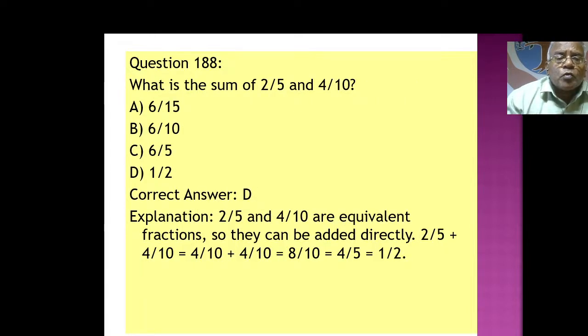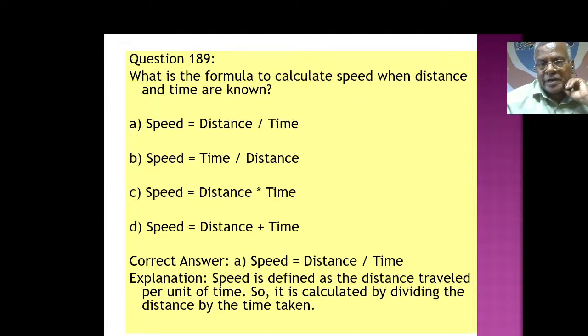What is the sum of 2 by 5 and 4 by 10? 2 by 5 and 4 by 10 are equivalent fractions, so they can be added directly. 2 by 5 plus 4 by 10. Now, as I already told you, you take the denominator. So 4 by 10 plus 4 by 10 is 8 by 10. That is simplified to 4 by 5.